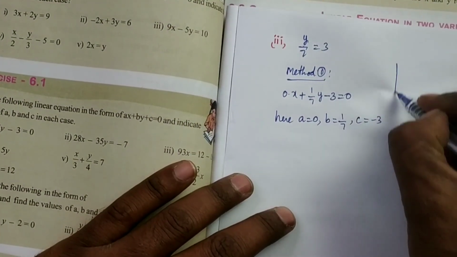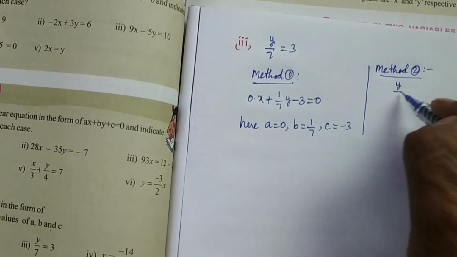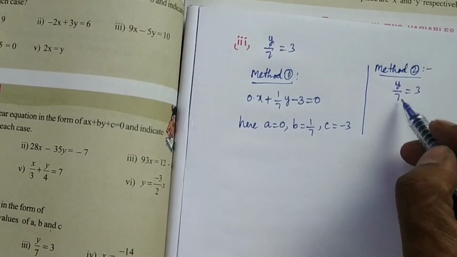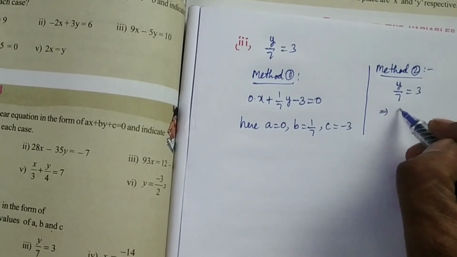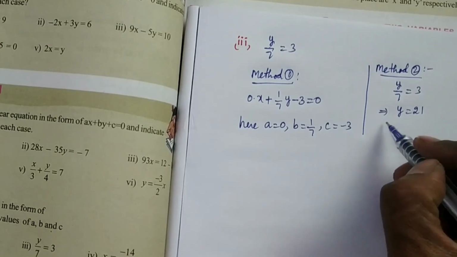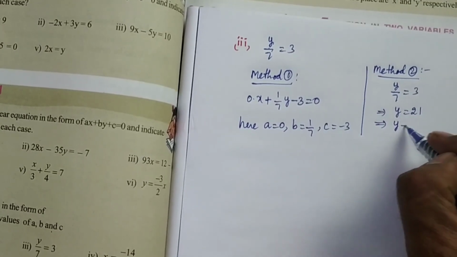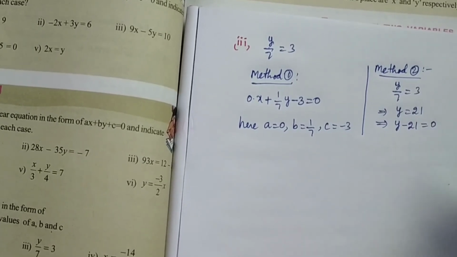It has method 2 also. That is, the given equation is y by 7 is equal to 3. Send 7 this side, then it will be y is equal to 7 times 3, which is 21. So sending 21 this side, it will be minus 21. y minus 21 is equal to 0.